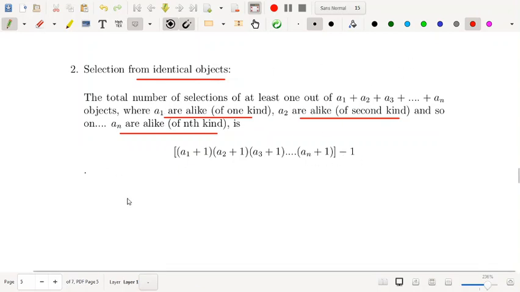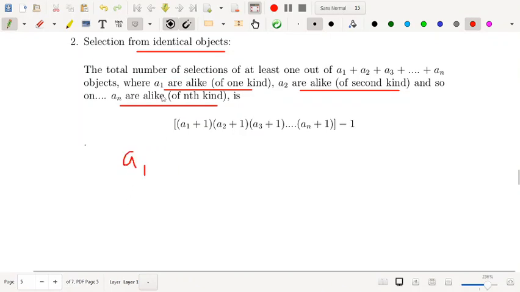Suppose out of A1 alike things, you can select either 1 or 2 or 3 or ... or A1, or none. Clear? Once again I repeat, out of A1 alike things you can select 1 or 2 or 3 or ... A1, or none.